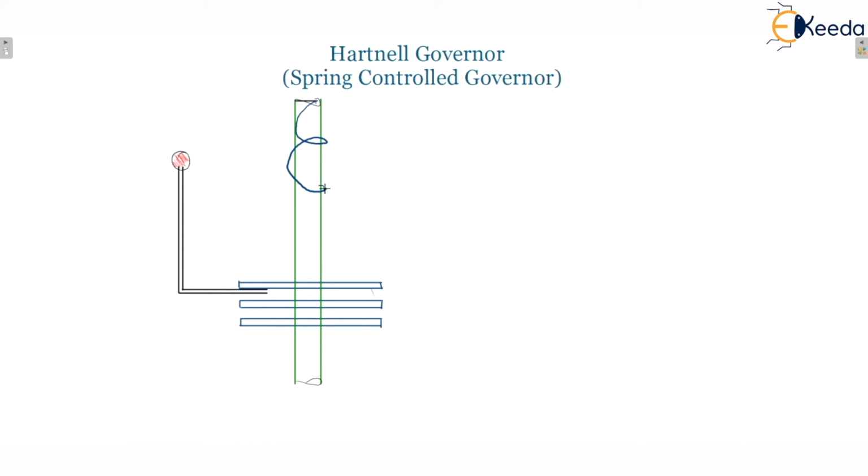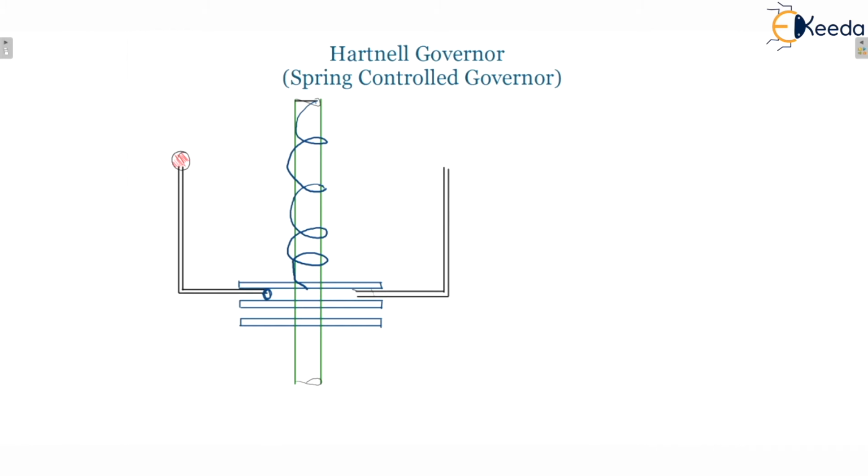This is your spring, and sometimes it is called the helical spring. Similar types of arm would be on the opposite side, symmetrical to the previous one, symmetrical about the spindle axis like that.